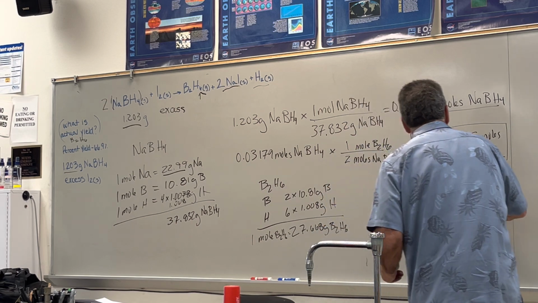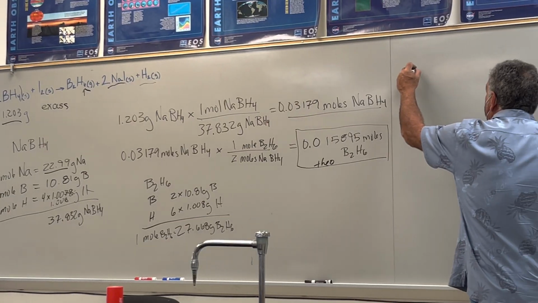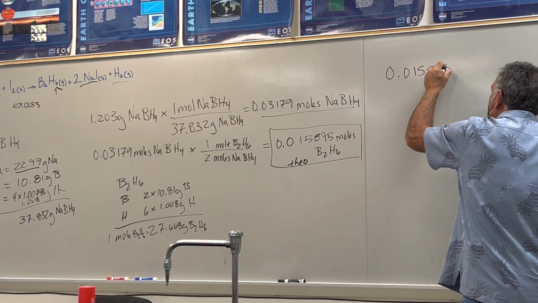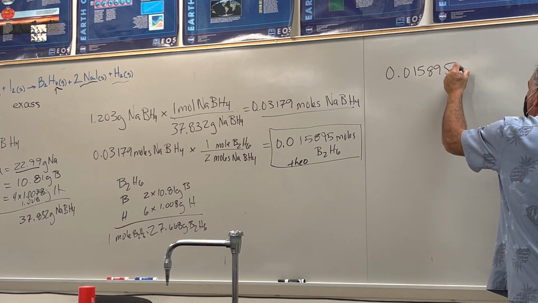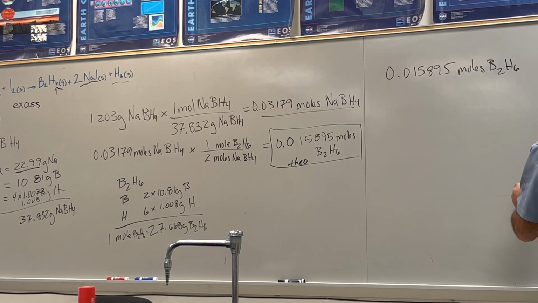All right. So now let's convert our moles of B2H6. 0.015895 moles B2H6. Okay, rid of moles of B2H6. Remember, whenever we're doing moles, it's just one of them. And 27.668.